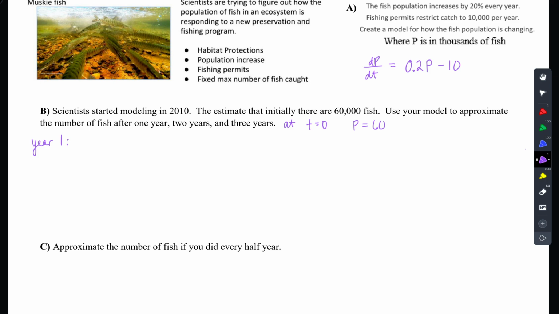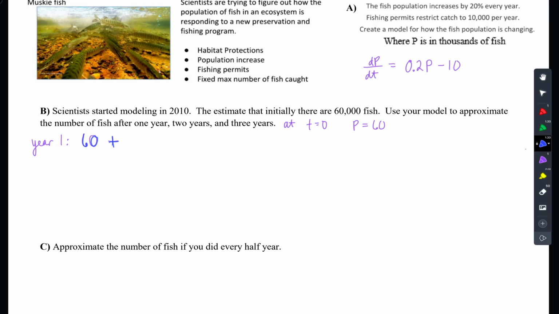So in year one, after a year has passed, you're going to be taking your 60,000 fish, and what you do is you're adding in, maybe I should put this in blue because I was going to do blue and red.